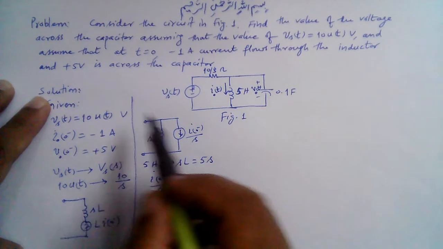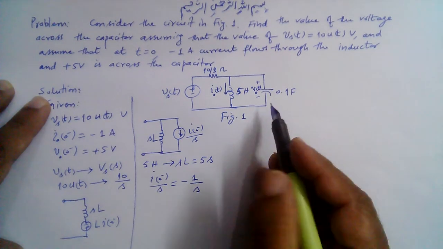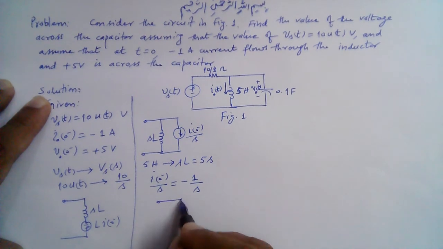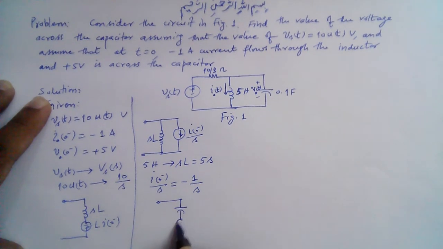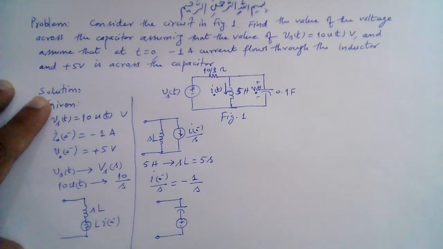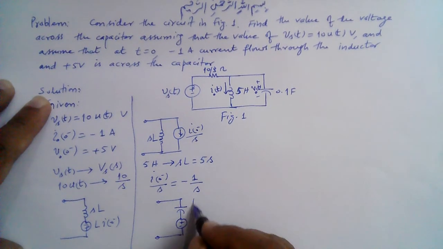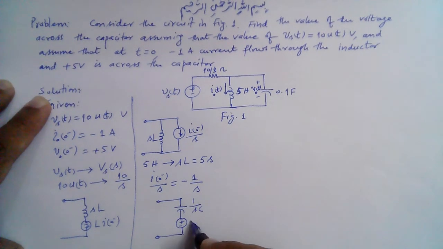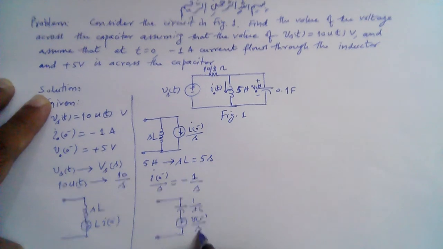And similarly, the capacitor also has an initial condition, and it can also be transformed in two ways. We can transform it like a capacitor in series with a voltage source. So this will be 1 over SC, and this will be V0 negative over S, right?